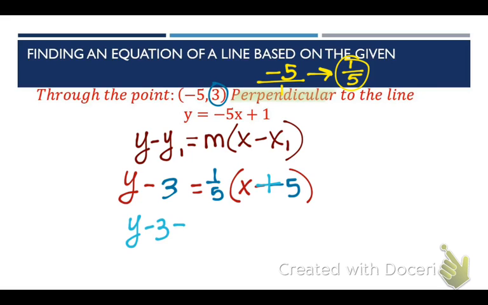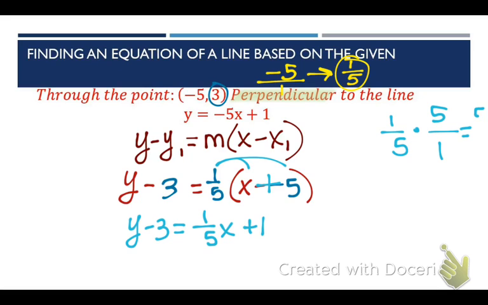So we got y minus 3 equals 1/5 x, and then 1/5 times 5. 5 is invisibly over 1. You get 5 over 5, which is 1. Then we add 3. y equals 1/5 x plus 4.